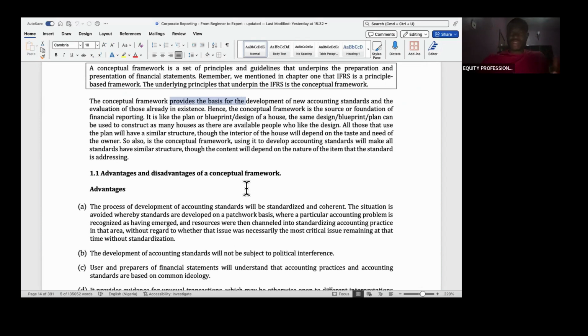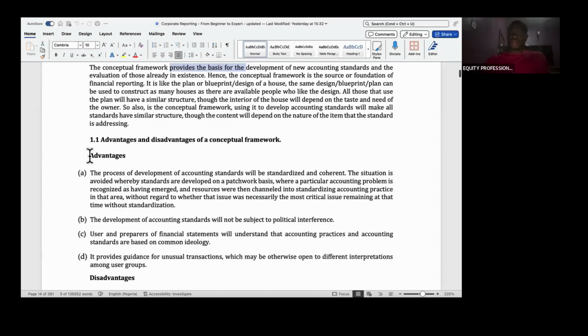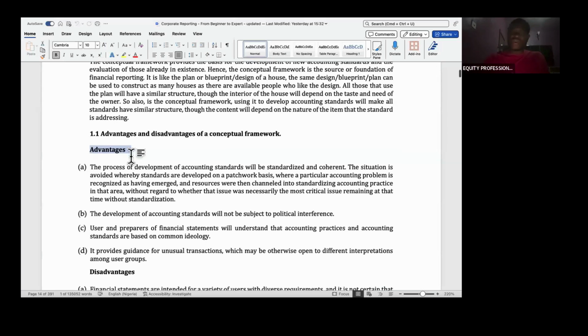Now, from the introduction of the conceptual framework being the set of principles on which the IFRS is developed, we cannot argue that this conceptual framework has certain key advantages. The very first that is obvious is, let me call it standardization. Standardization in the sense that the process of developing accounting standards will become standardized and coherent.